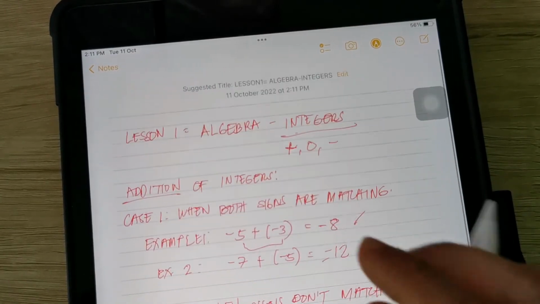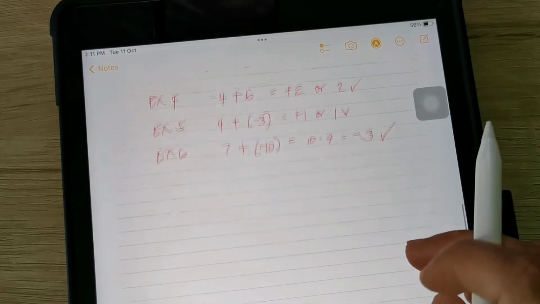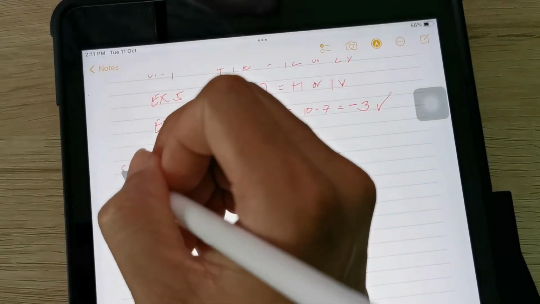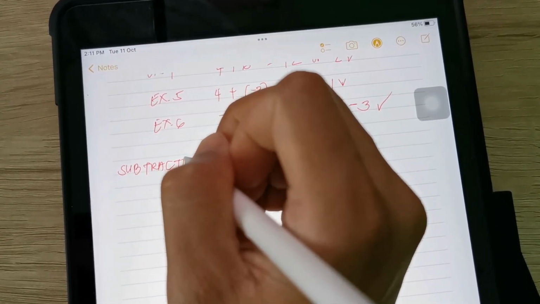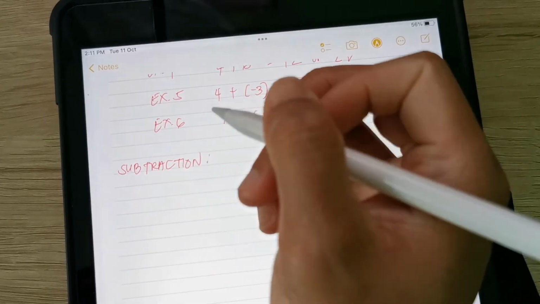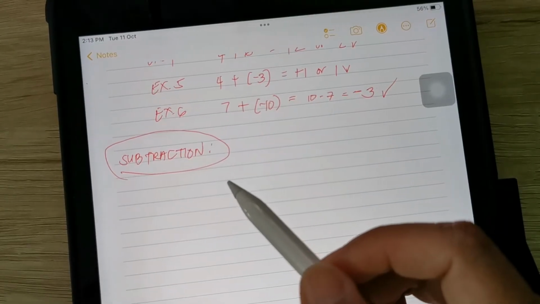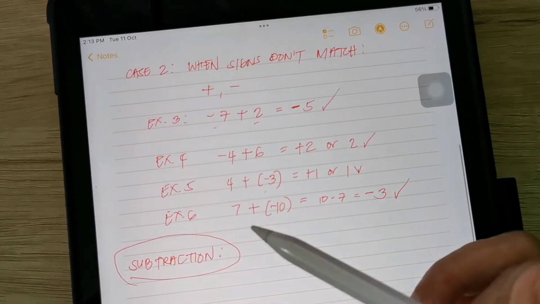So, ngayon, tapos na tayo sa addition. Let's go naman sa subtraction. Sa subtraction naman is parang may kinalaman yung addition na cases.